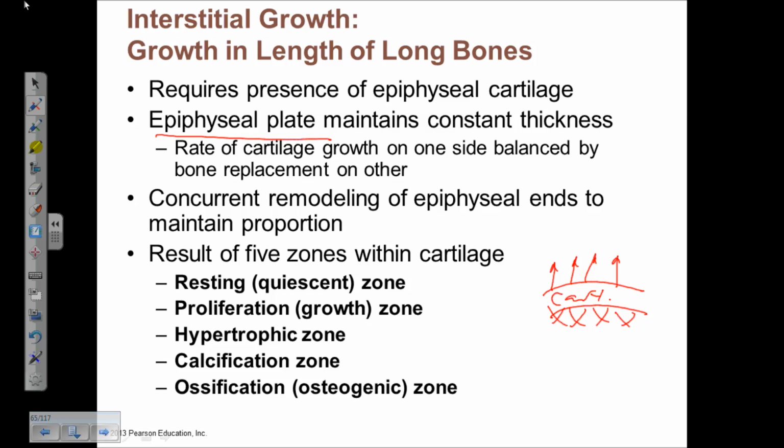So what we're going to have in the end is an epiphyseal growth plate that doesn't become thicker, doesn't become thinner, but moves to the ends of the bone. So it kind of pushes both epiphyses from the center of the bone, making the bone grow. Do you agree on that?